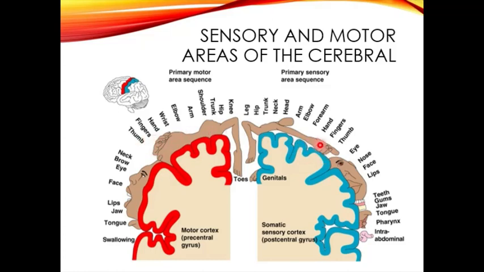So the eyes, nose, face, lip ulit, no? The teeth, the jaw, the tongue, the pharynx. Bakit pharynx, no? Broca's area, speaking, intra-abdominal, rather. So ito yung sensory and motor areas of the cerebral cortex. Kaya ganun yung itsura ng homunculus. Kung i-base natin sa functioning ng body and activity sa brain, ganun yung maging itsura natin based on our functions.